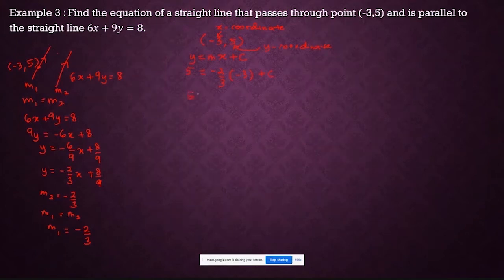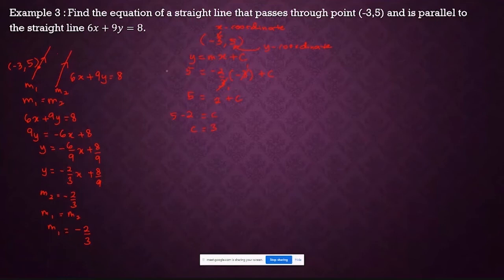So we simplify: 5 equal to, plus, because we can divide 3 by 3, negative 2 times negative 1 becomes positive 2, plus c. So c equal to 5 minus 2, so c equal to 3.